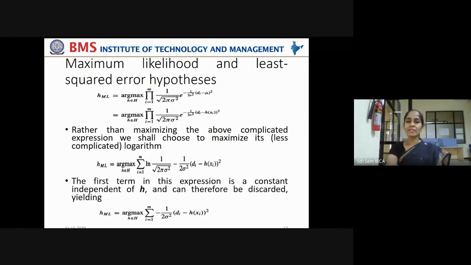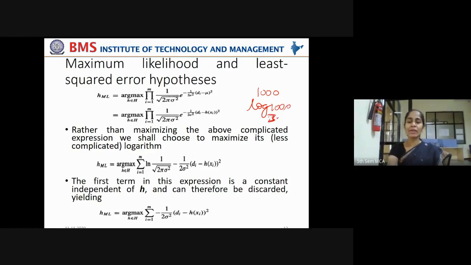Now, rather than maximizing the above complicated expression, we shall choose to maximize its logarithm. Whenever you are maximizing, say you want to find the maximum value among some 1000 values, if you apply log, it will be easy for you to handle, because log of 1000 will be actually 3 point something.